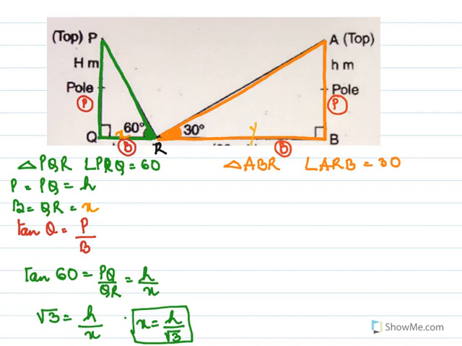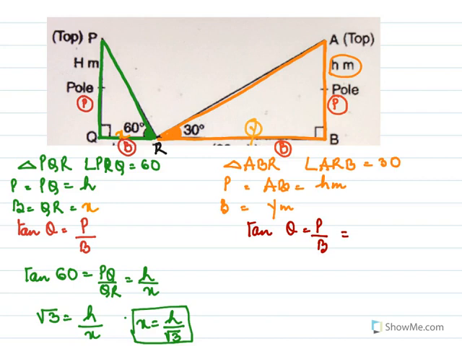It's not given to me. The perpendicular is AB, which is also h meters, equal height, and the base is y meters, and tan theta is perpendicular over base. In this case the perpendicular is AB, and the base is BR.